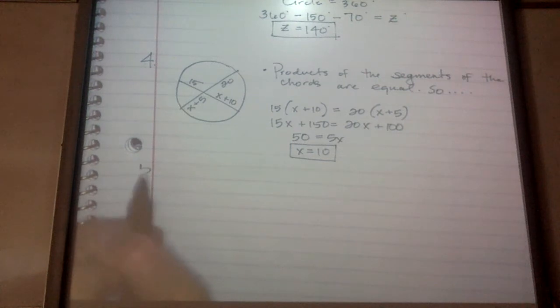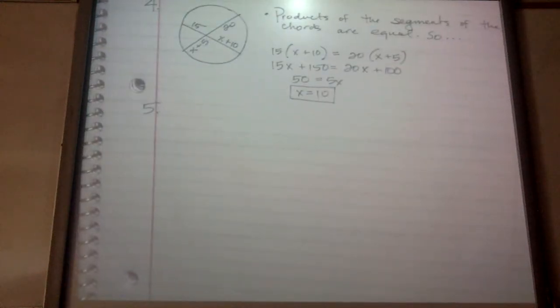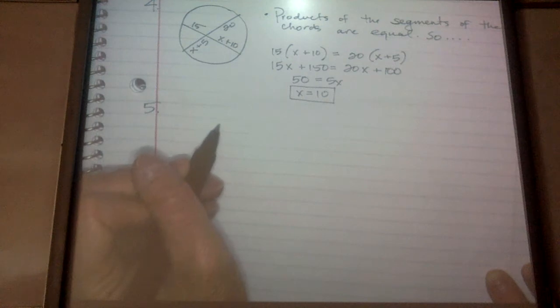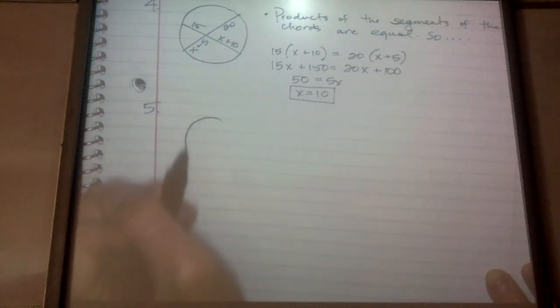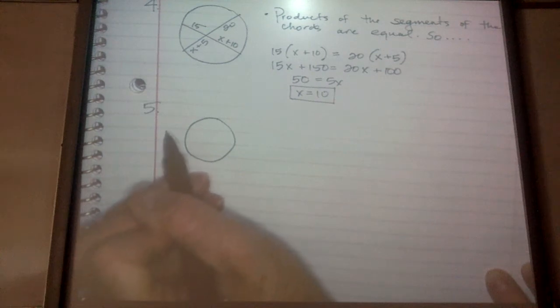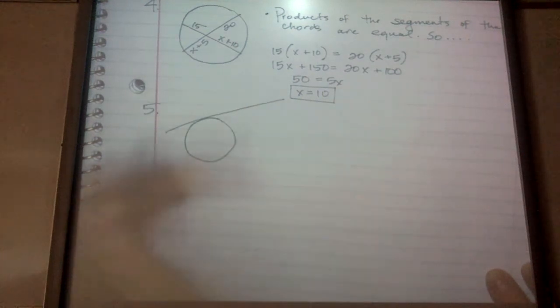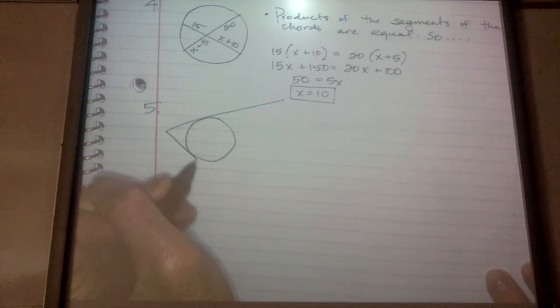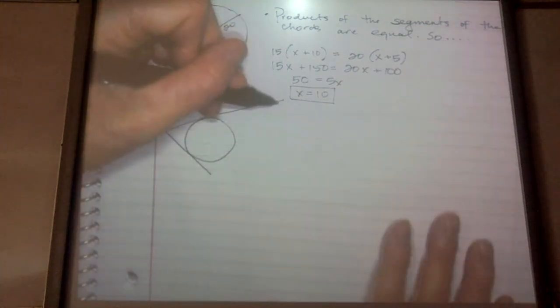Number 5, so the last property is a shape that is circumscribed across a shape, across a circle. Wow, I just really butchered that. So here is a circle, and then let's say I'm going to form a triangle on the outside.